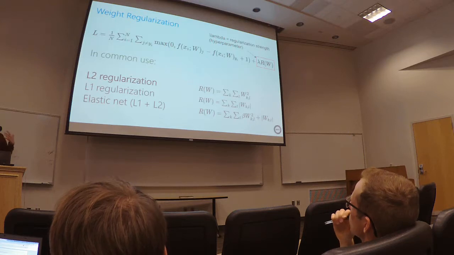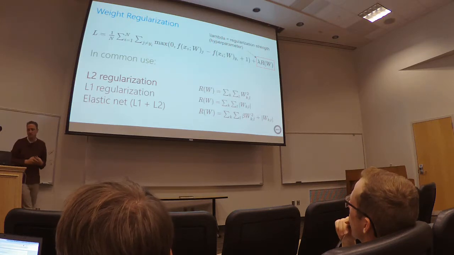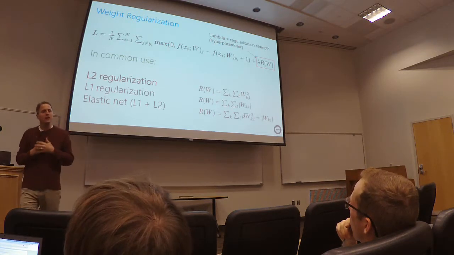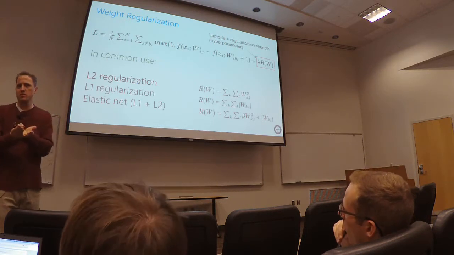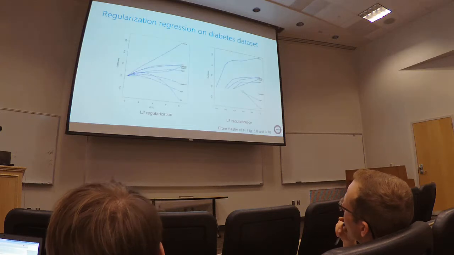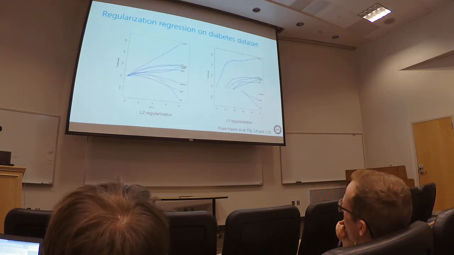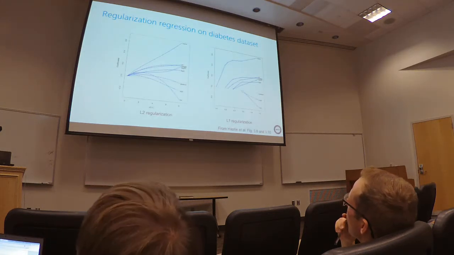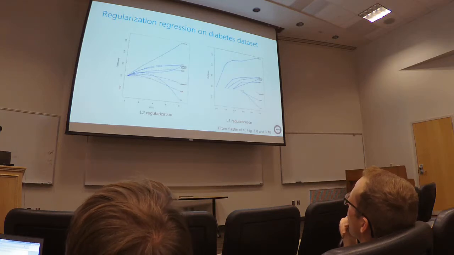So I thought I would take you through a little case study on the differences between L1 and L2. Like I said, the mathematical form seems very similar, but what happens when you actually run it in practice is very different. This is a beautiful example from Hastie and Tibshirani's statistical machine learning book.